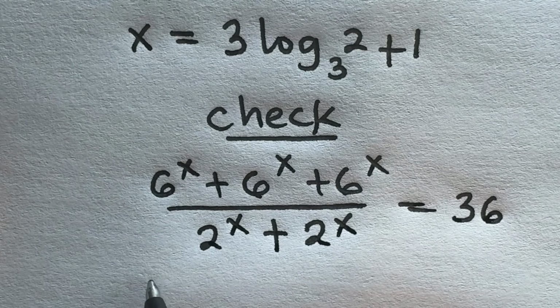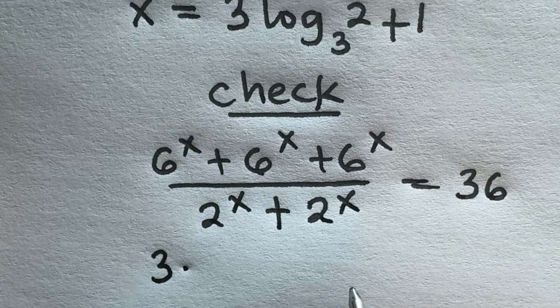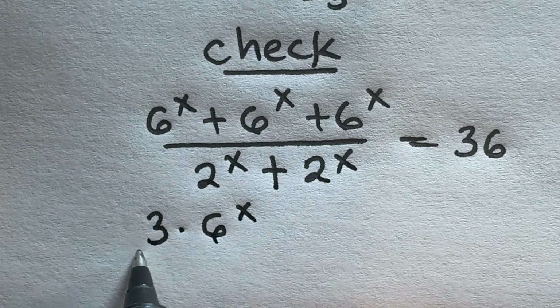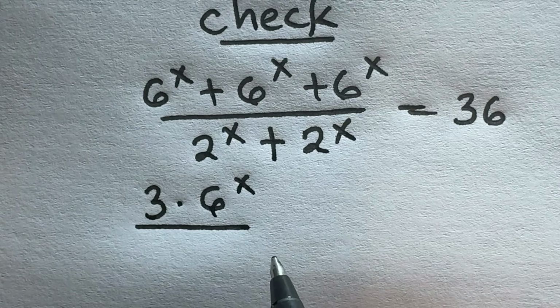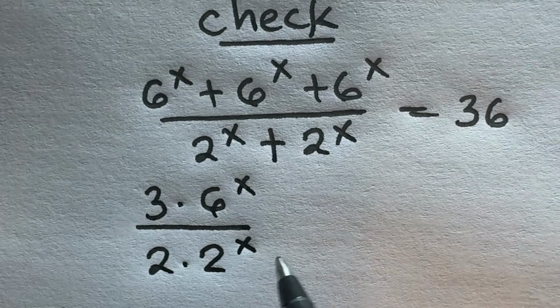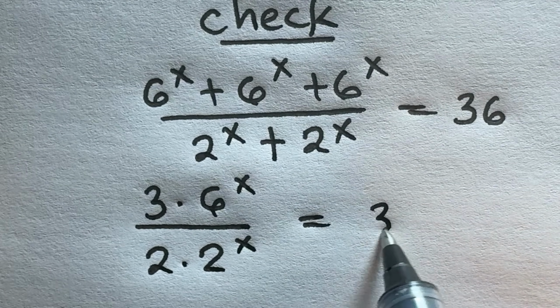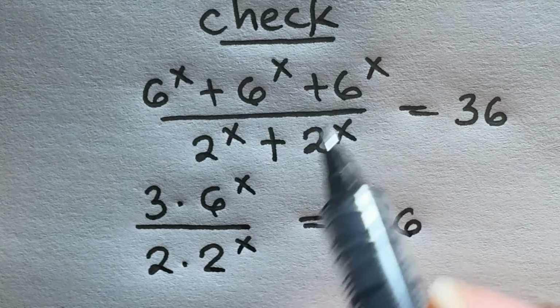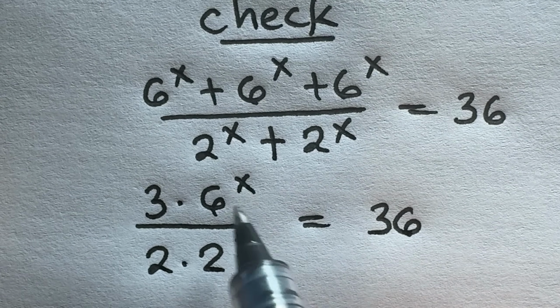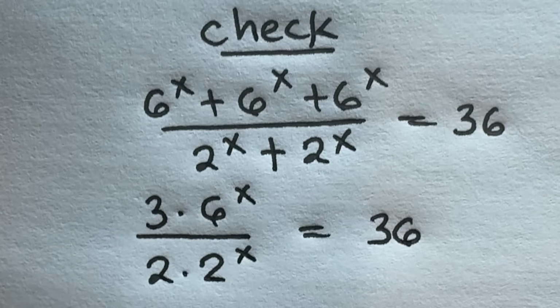So the numerator is 3 times 6 raised to power x from our earlier simplification, and the denominator is 2 times 2 raised to power x is equal to 36. This equation is still intact here, not much has been done, so we go ahead and substitute at this point.